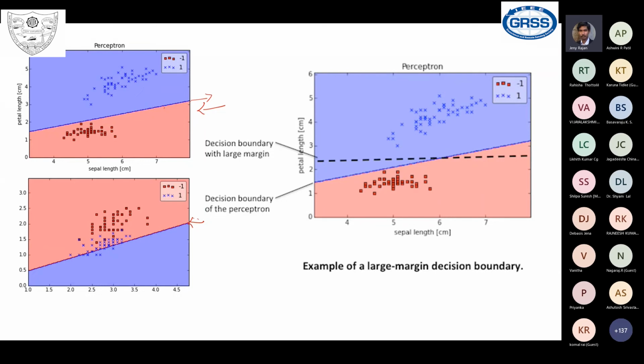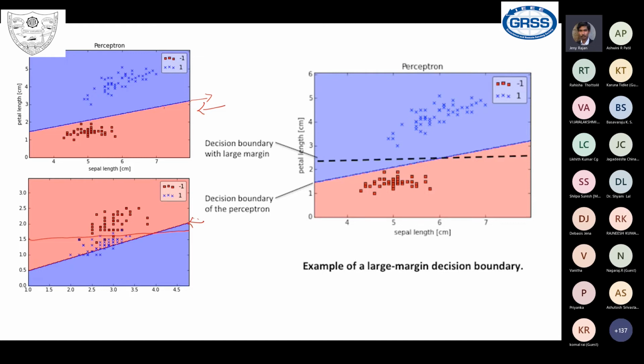But the other drawback of the perceptron is this. If you look at the decision boundary generated by the perceptron, even though the data is not linearly separable, it is possible to come up with a better decision boundary. If you draw a decision boundary like this, this line still will not separate these two classes properly, but at least the error can be minimized. So this is another drawback of the perceptron.